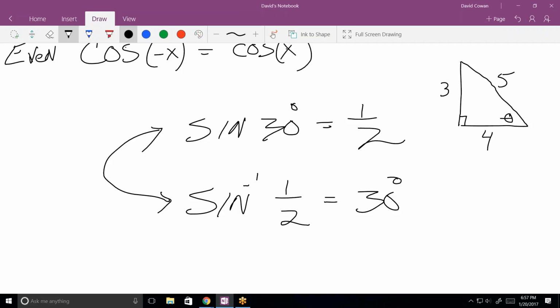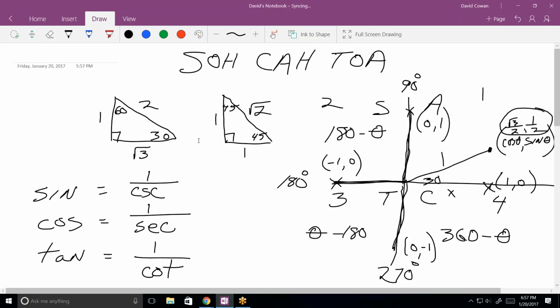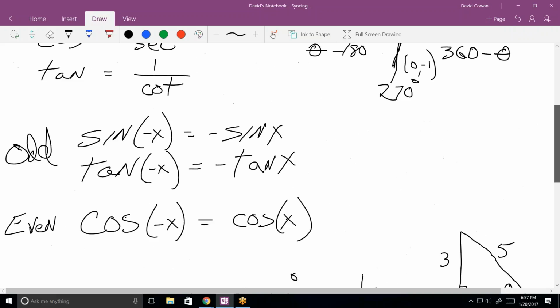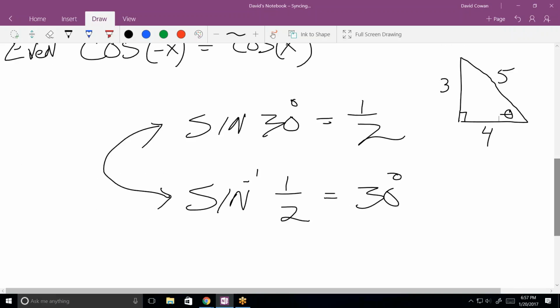It's not like our two special triangles, which are based on 30, 60, 90 and 45, 45, 90. But this 3, 4, 5 triangle, we certainly know that this is a 90-degree angle. How would I figure out what theta is? You would take 3 over 5. Exactly. That's the inverse sine of 3/5.